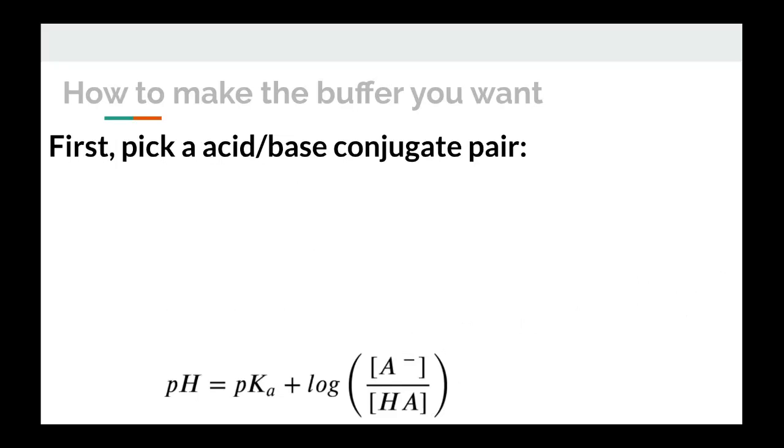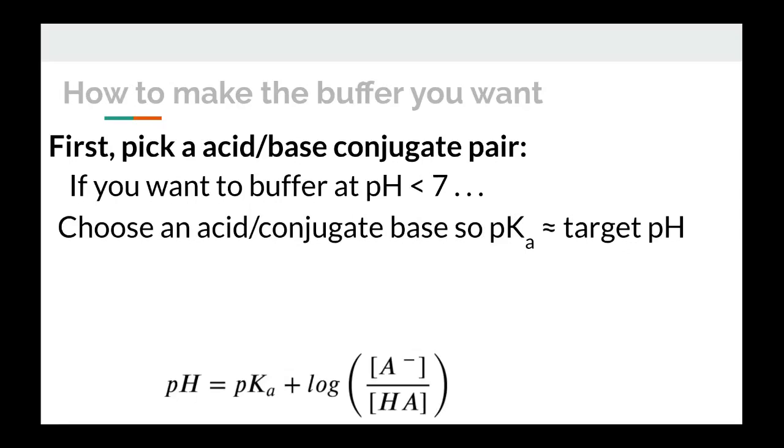So how to make the buffer that you want? The first thing you want to do is pick an acid-base conjugate pair. So if you want a buffer that's got a pH of less than 7, you're going to want to choose an acid that has a pKa that's close to the target pH. Why do you want to do that? Because if the ratio of A minus to HA is 1, then the pH and the pKa would be exactly the same.